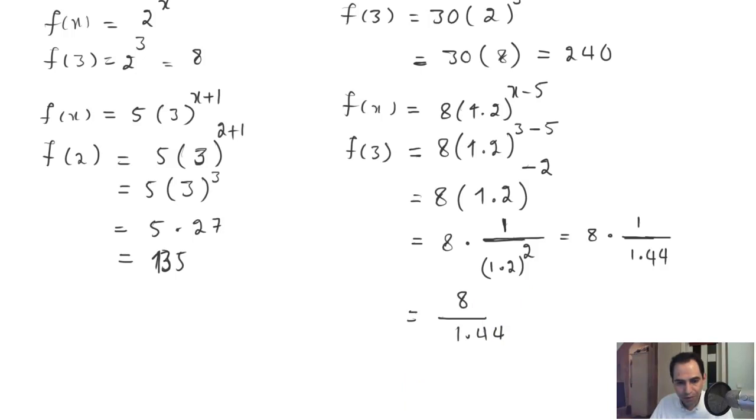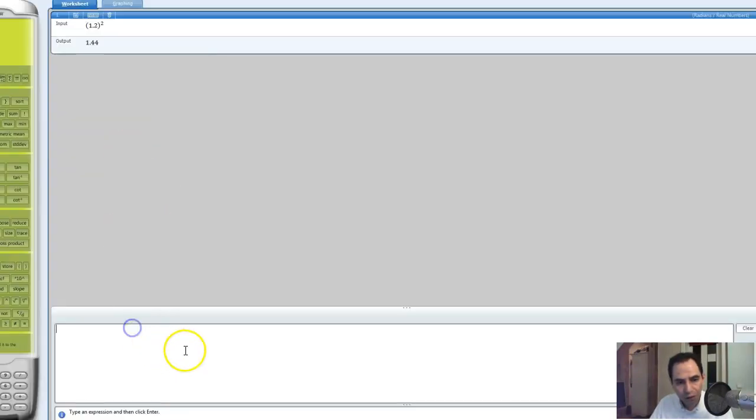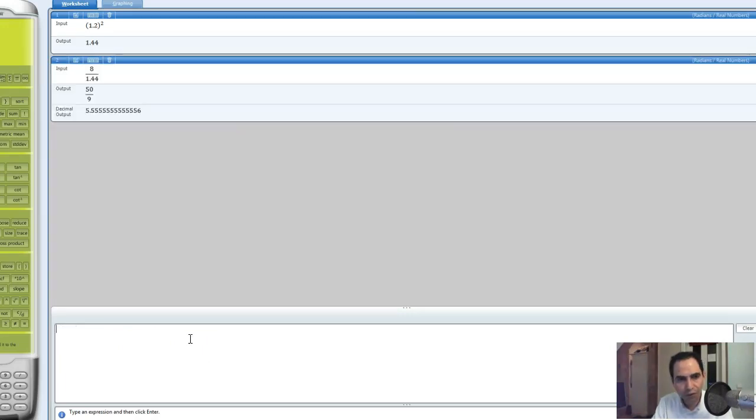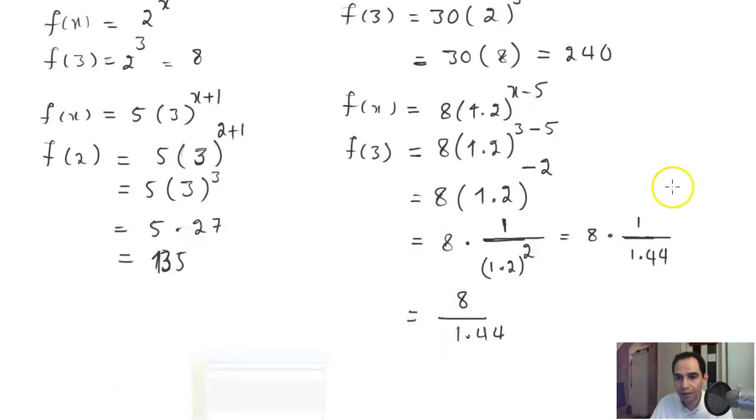And what is that? 8 divided by 1.44 is equal to 5.555, and this has of course been rounded, so it is approximately equal to 5.5556. So that's how this function is evaluated.